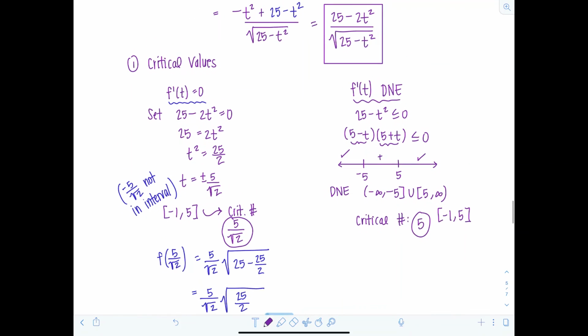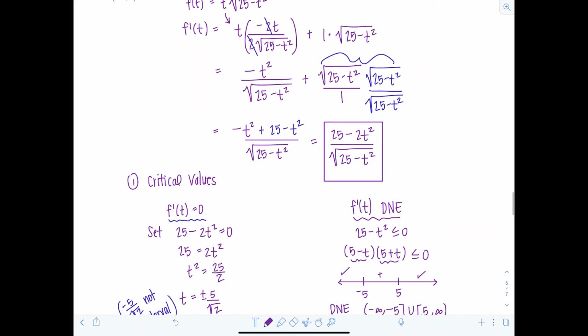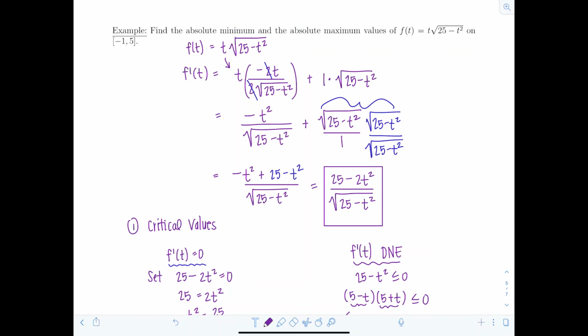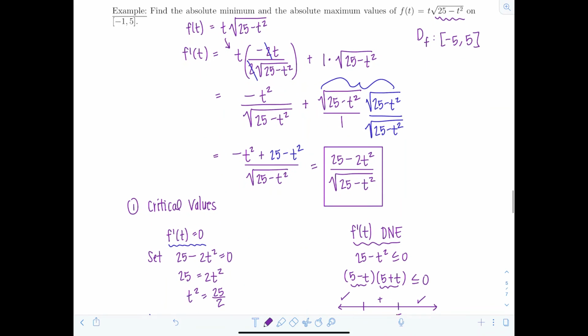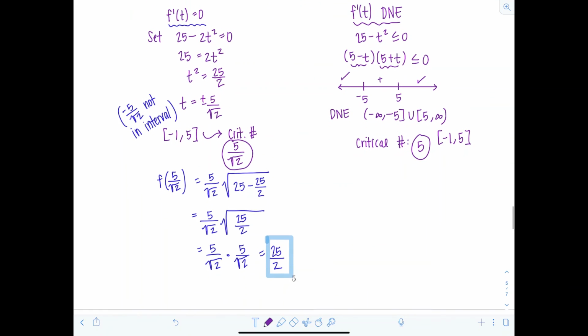And if I look back at my original function, since it also included the rad 25 minus t squared in the expression, the domain for f is only from -5 to 5. So I couldn't have a critical number outside of that interval. All right, critical numbers have to be within the domain of the function. So that's my new critical number.